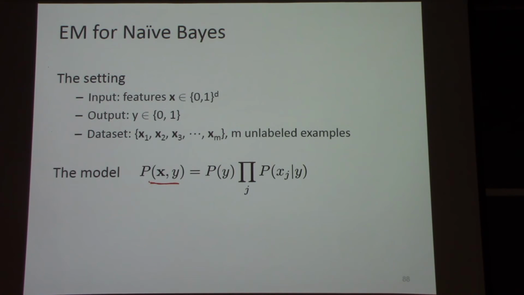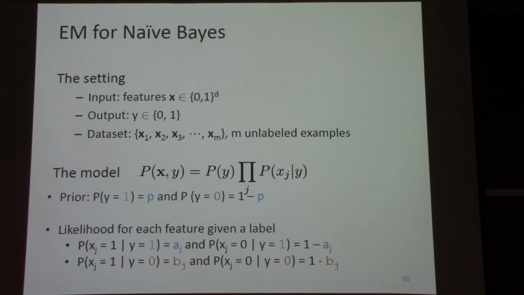It's P of y times the product of the class conditional likelihoods. And in one of the earlier lectures, we saw that for this particular case, we can assume that the prior of the label is, let's call it P, and the likelihood of each feature is, let's call it A_j and B_j.